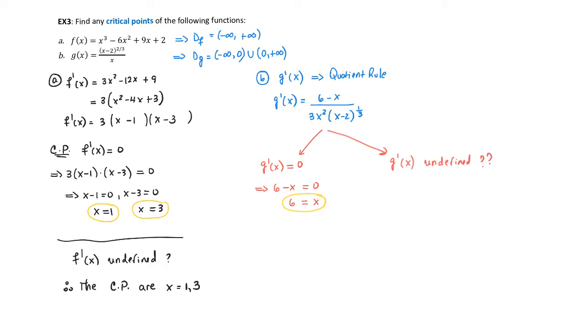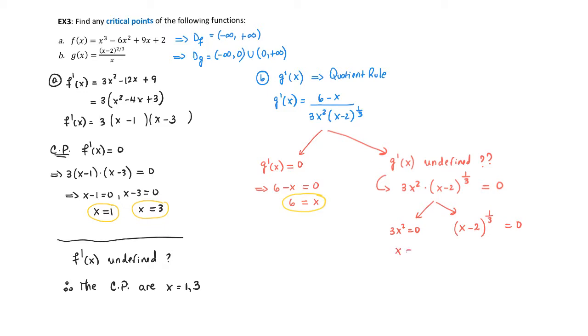So the derivative will be undefined when 3x squared times (x minus 2) to the 1/3 is equal to 0. And what does that mean? That means when 3x squared is equal to 0, or when (x minus 2) to the 1/3 is equal to 0. So now we're just going to go ahead and solve each equation separately.